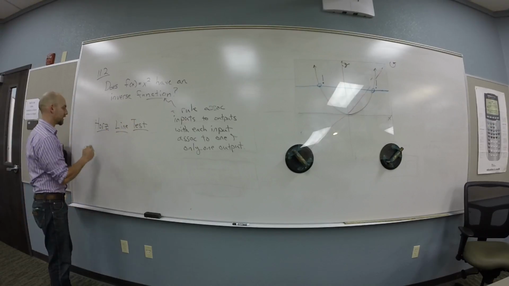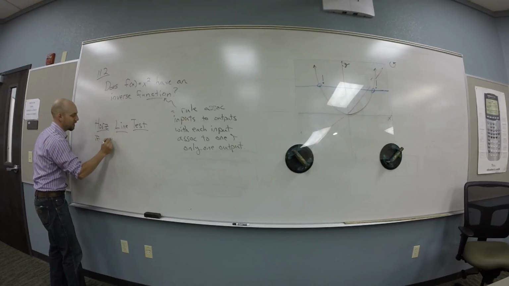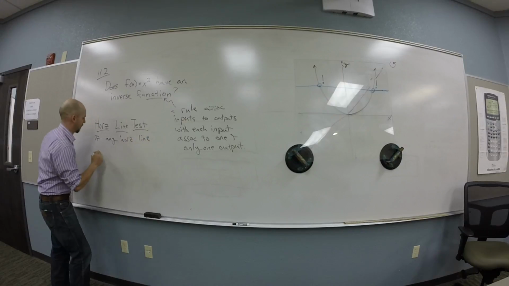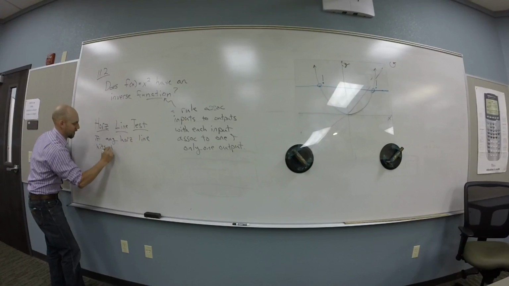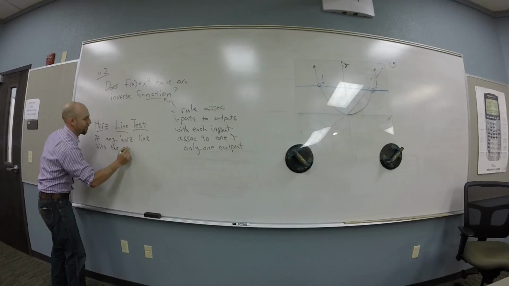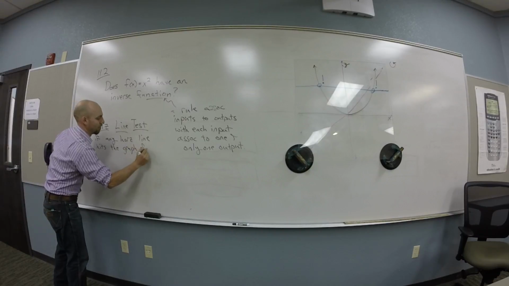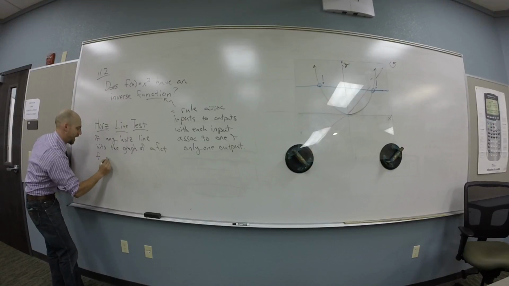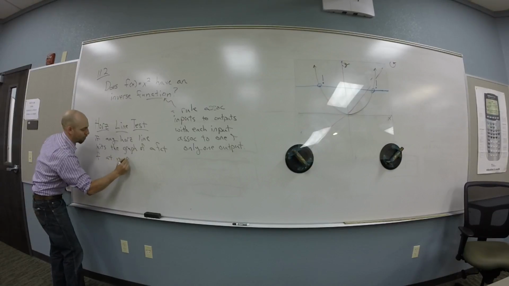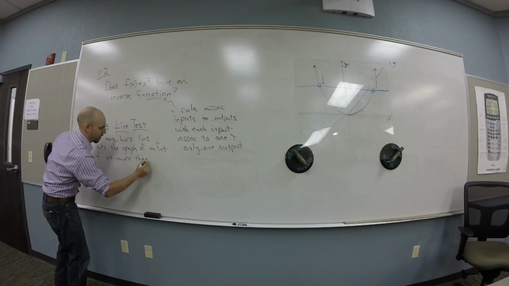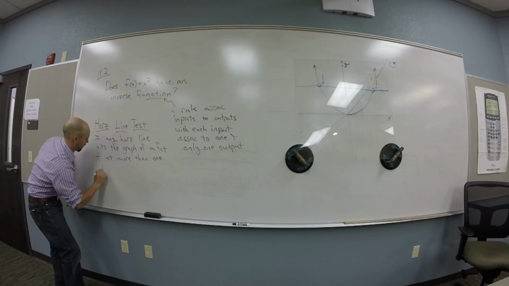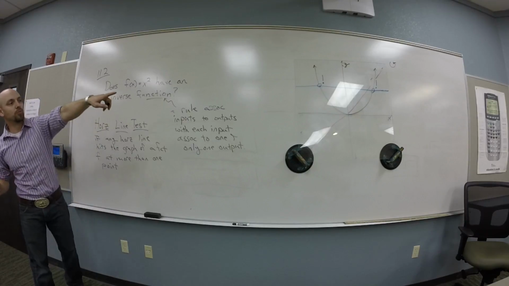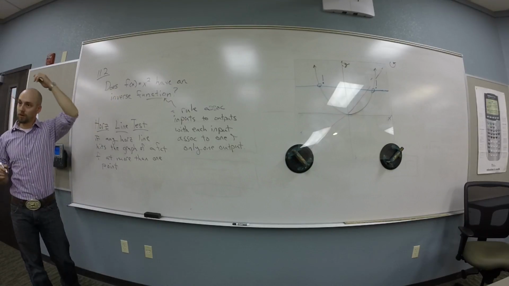So the horizontal line test says if any horizontal line hits the graph of a function f at more than one point, you guys see that's my two blue circles over there, right?